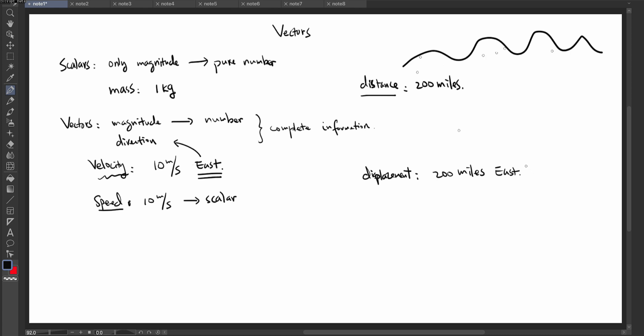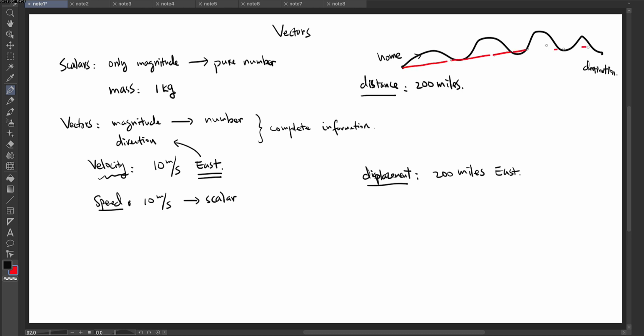Okay, so let's use the previous picture as an example. So here is, let's say that's your home, and you start at your home and then you drive along this curved path to the destination. Now you can say the same thing. Let's say I'm going to say the displacement. So the displacement now is going to be this straight line.